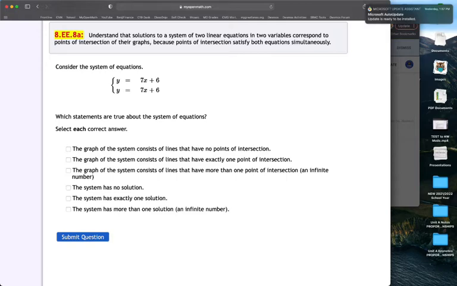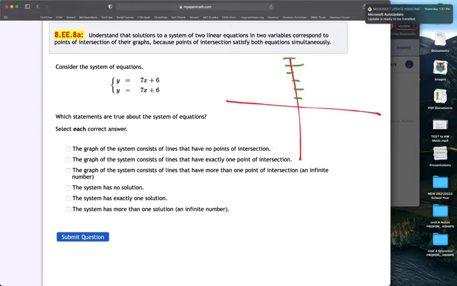If we were to think about what their graphs look like, we know that y equals 7x plus 6 has a y-intercept of 6 and a slope of 7.